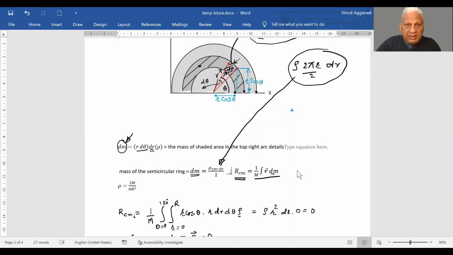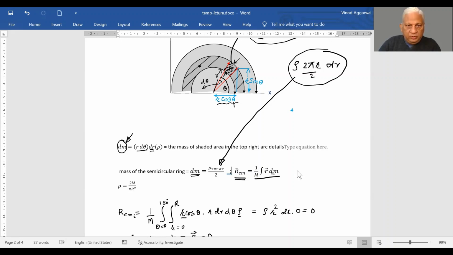What is the x coordinate of this area? The x coordinate will be r cos theta, where r is the radius of this particular piece that we're talking about, and theta is the angle which this piece makes with the center.